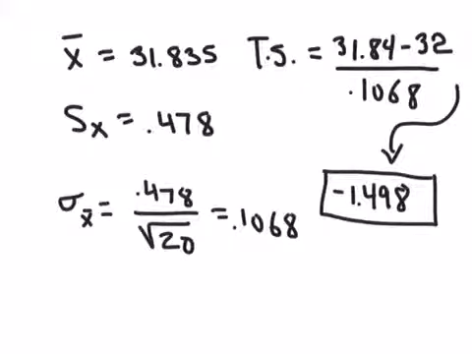So anyway, the difference is we're going to go in the calculator and use, what is it? I'm finding it right now. Oh, tcdf, number 6. Okay, let me do that.